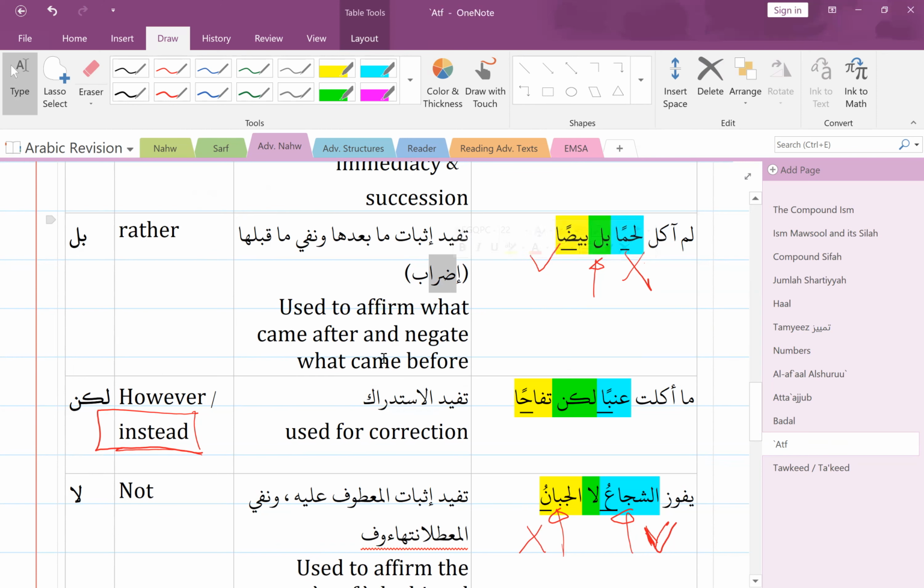But I think I will research further to see the difference between these two. I'm not so 100% sure what the difference is. All I know is that lakin is always considered istidrak, and bal is always considered idrab. And with istidrak it's more like you're correcting something. Like whatever was said before is wrong, so you're trying to correct it. But with this one, you're not really correcting it. You're telling somebody this did not happen.